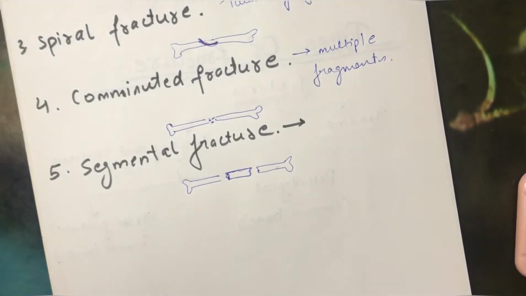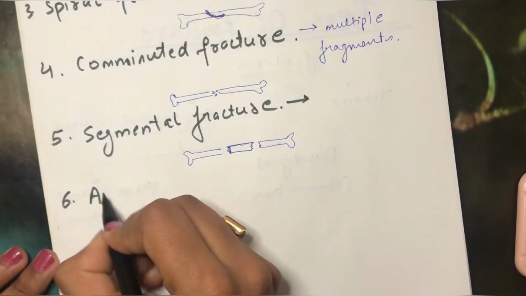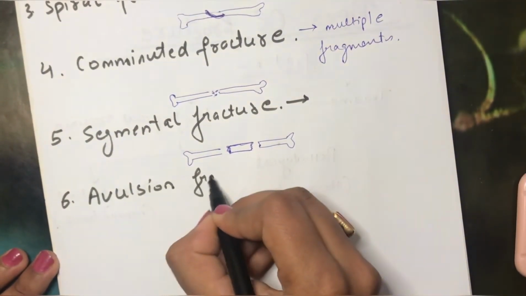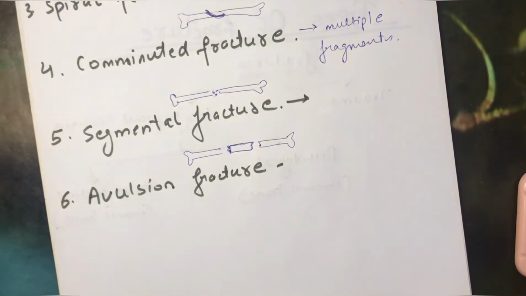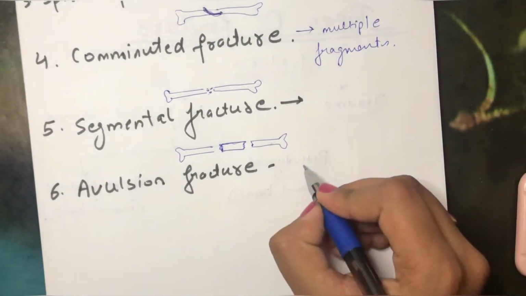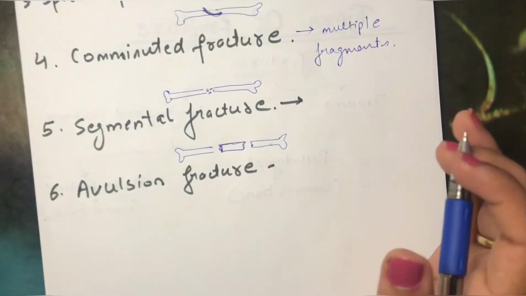The last one we have is the avulsion fracture. An avulsion fracture is the breaking of a piece of bone which is attached to a strong muscle. For example, olecranon or patella fracture.